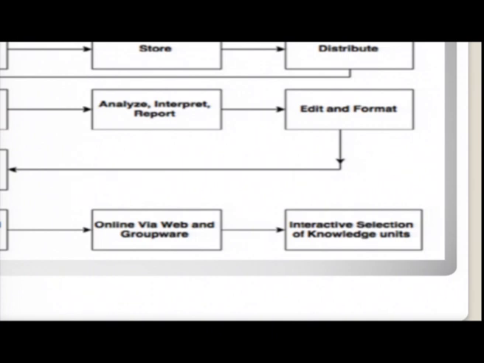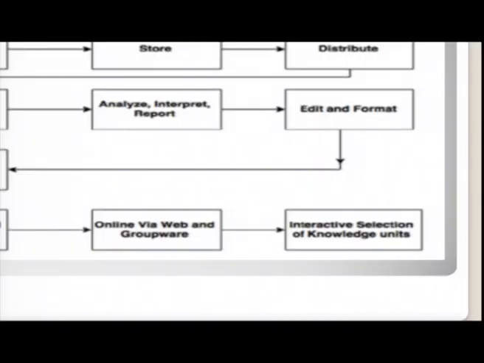Interactive selection means the user will be given the option of selecting the knowledge units whatever he requires. For example, if I want to read a thesis or a book, it is not always mandatory that I need to start reading from the first chapter. I can start from the fourth chapter, or I can read only the conclusion part. It is left to the discretion of the reader. Similarly, here the user will be in a position to select the knowledge units interactively. That is called interactive selection of knowledge units.